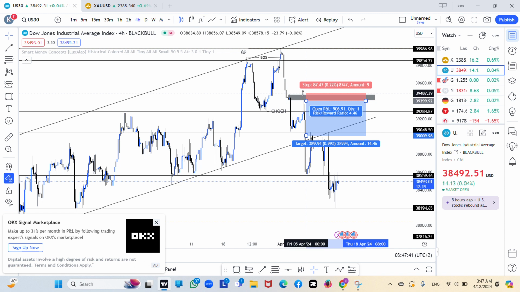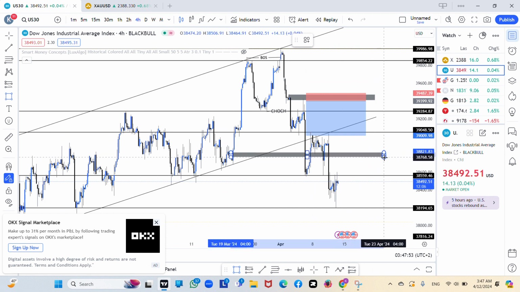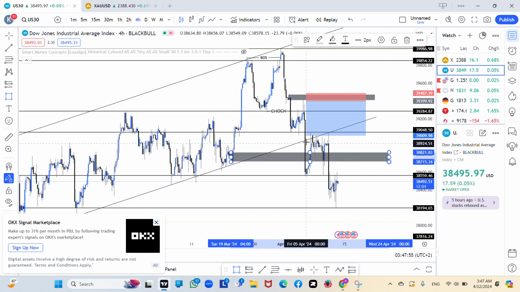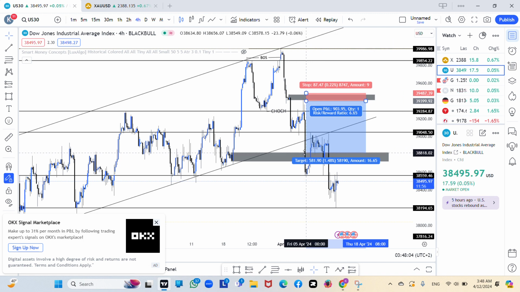But if it's a huge supply, then I'll maybe enter at 50% of the supply or something. So for me that was my demand, but then prices broke it, they violated it. So that was my TP. My TP was around there, that was my TP, another 1:6 trade.